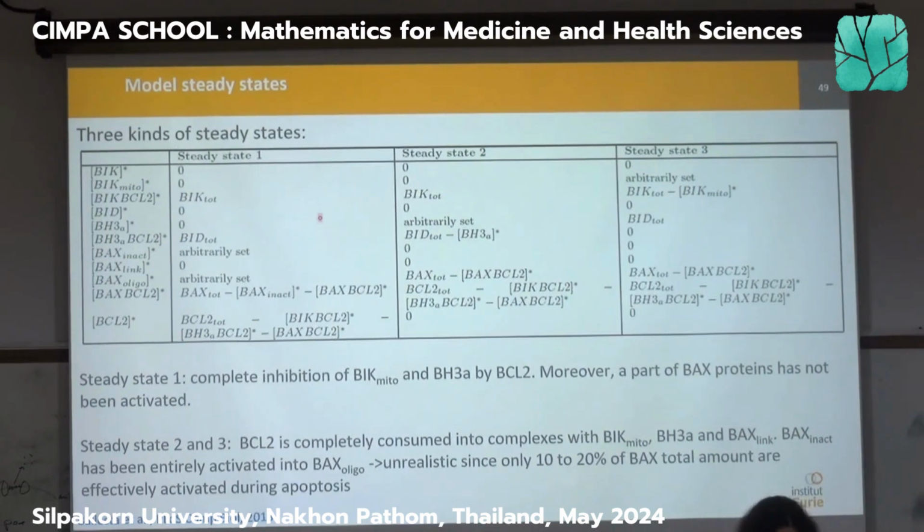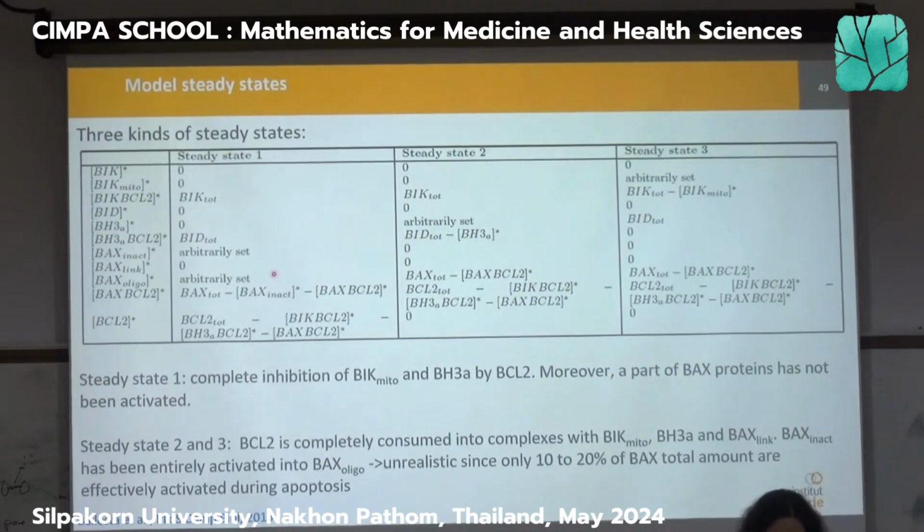And then we are left with steady state number 1, which is when you have some quantities of Bax which is activated. And here it is not really informative for our problem, because the quantity of Bax oligo that will be created will define the cell death rate.